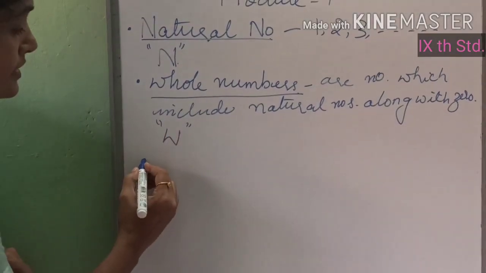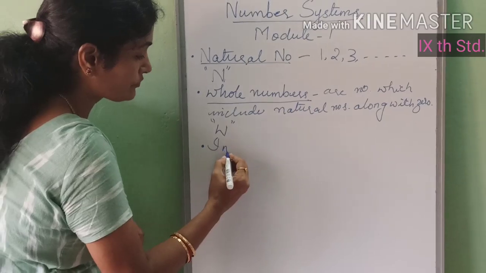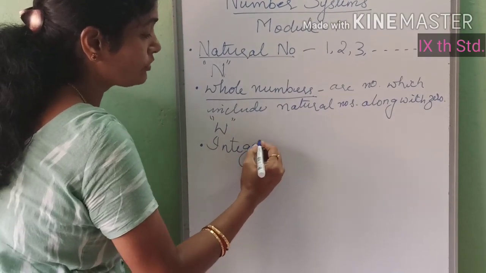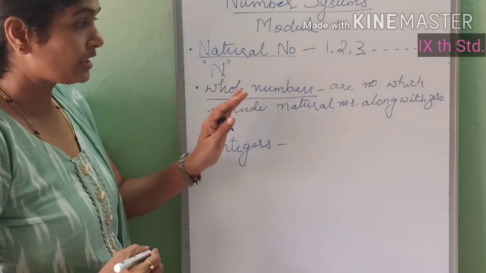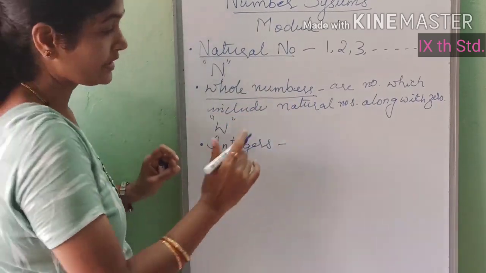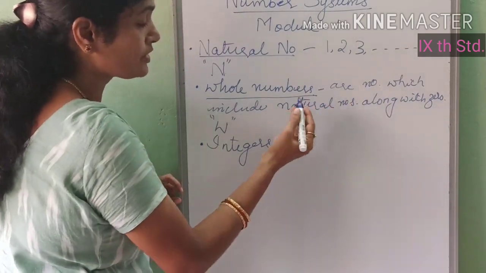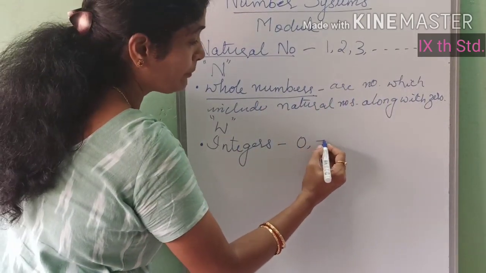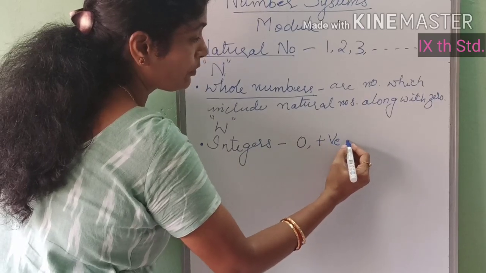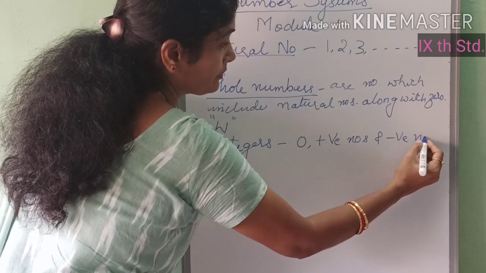Then the next set of numbers which you have studied is integers. What are those integers? Integers are those numbers which include all the whole numbers, that is, 0, positive numbers and negative numbers.